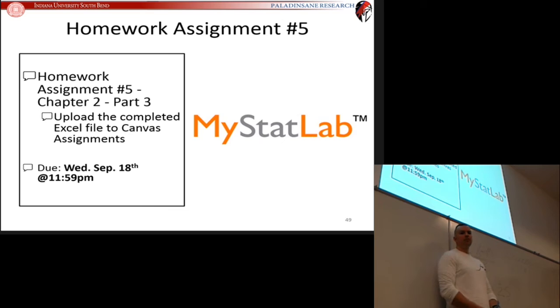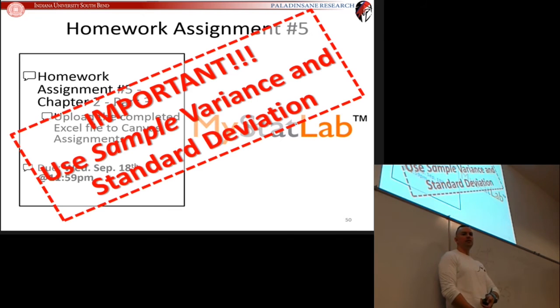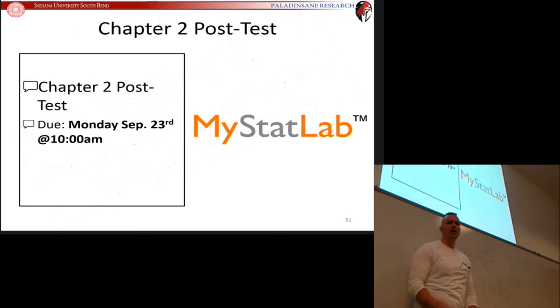Very importantly, sample standard deviation is the one you're going to be using. Use those sample statistics. And again, try as much as you'd like. This is a growth opportunity, practice opportunity. Make sure you take advantage of it. I'm hoping that when people upload it, all I see is a whole bunch of 100% when I'm grading these Excel sheets.